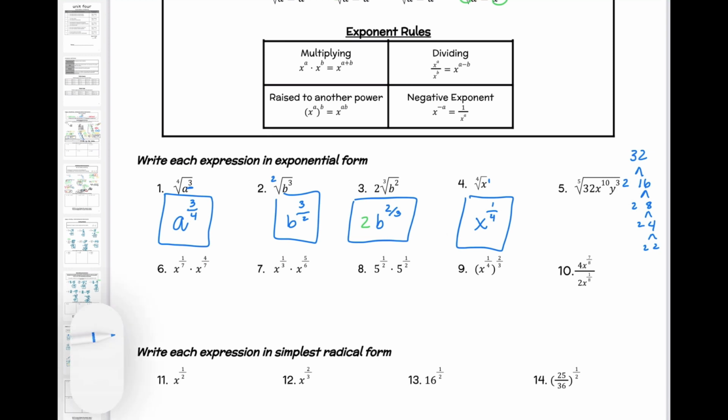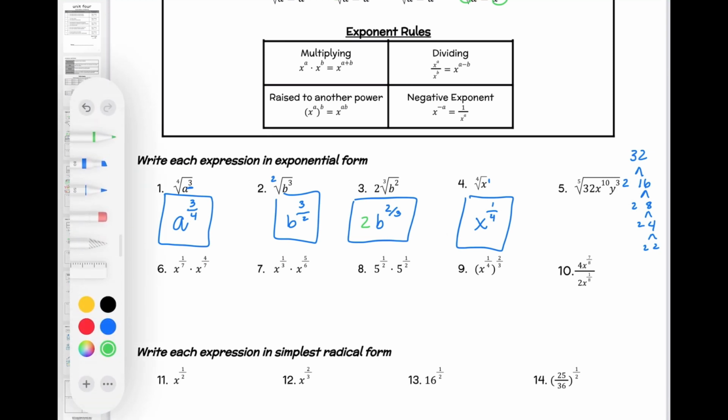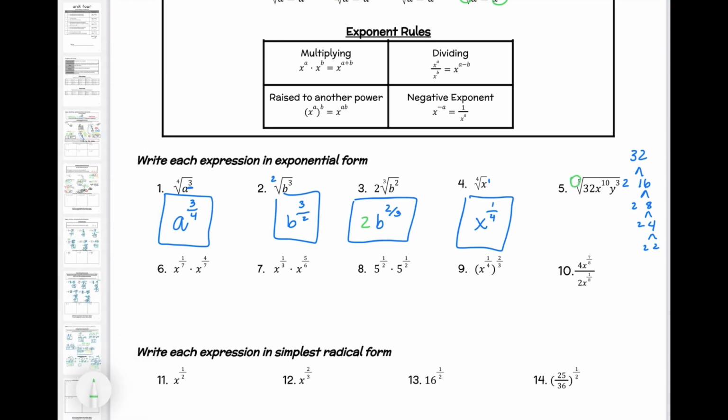We're circling groups of 5 because of this index we have. So we have 1, 2, 3, 4, 5 2's. So we're going to have one 2 on the outside because we have 5 2's, one group of 5.